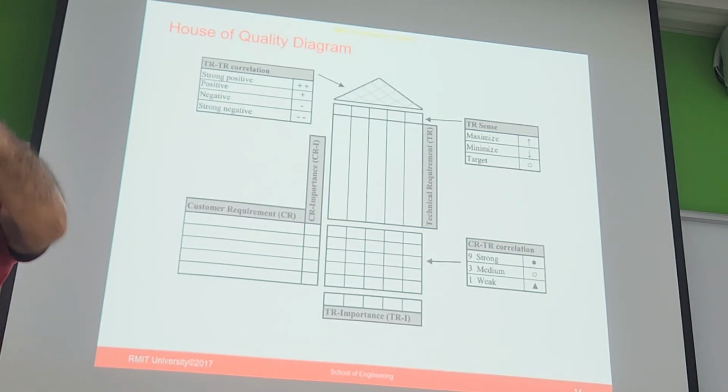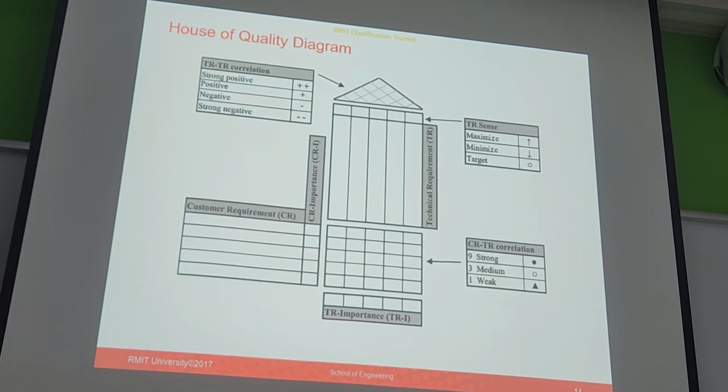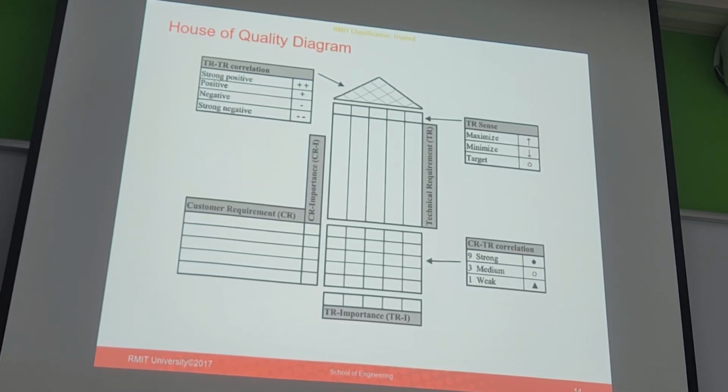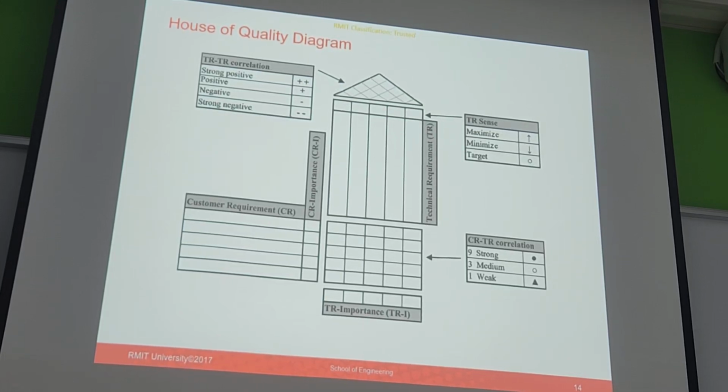So give me the technical maximize. Maximize what? Give me an example. You are an engineer. You like to maximize what? Very good. Product. And minimize? Waste. Cost. And nothing. Target. Can you give me an example?